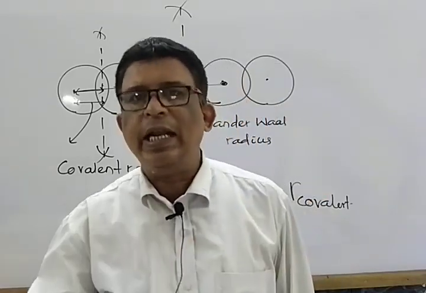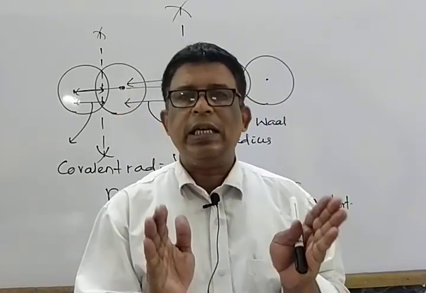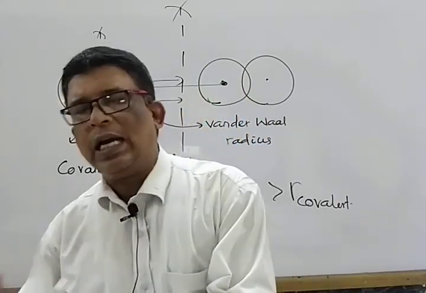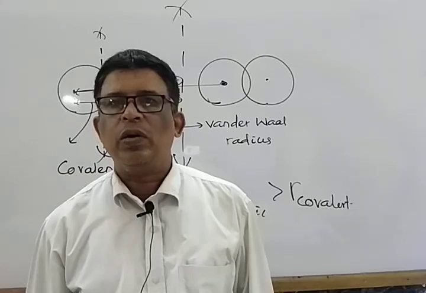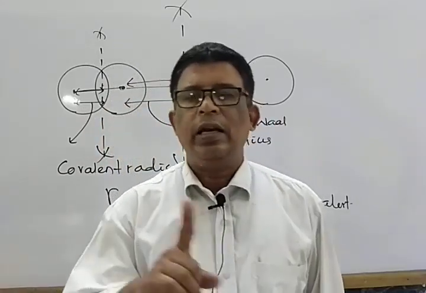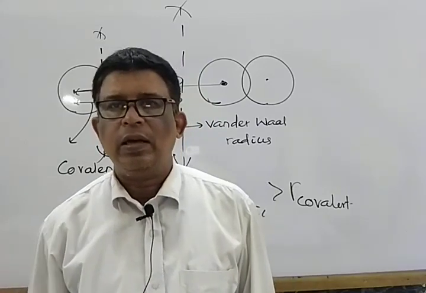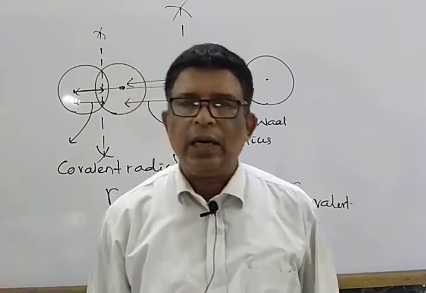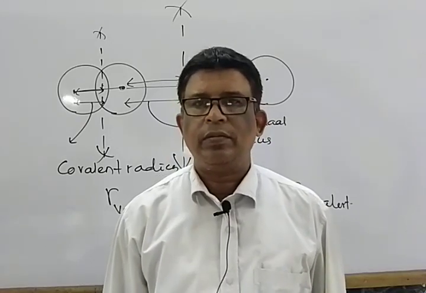So if we write in a sequence, then highest is anionic radii, then the neutral atom, then cationic radii. So the decreasing order is anionic radii, neutral atom, and cationic radii. Cationic radii are always less than that of atomic radii.